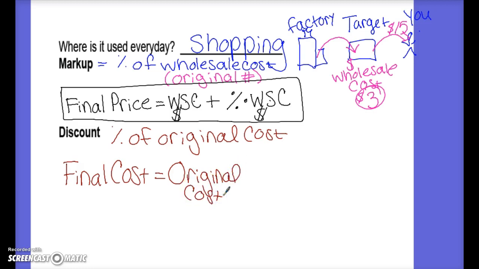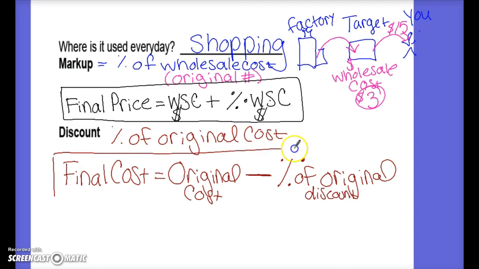And since it's going down, you subtract your percent of the original. And of means times. Essentially, percent of original is another name for your discount. Because you take your original, subtract your discount, and that's going to give you your final cost.